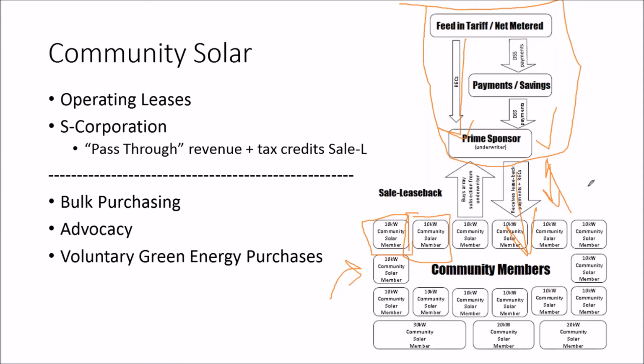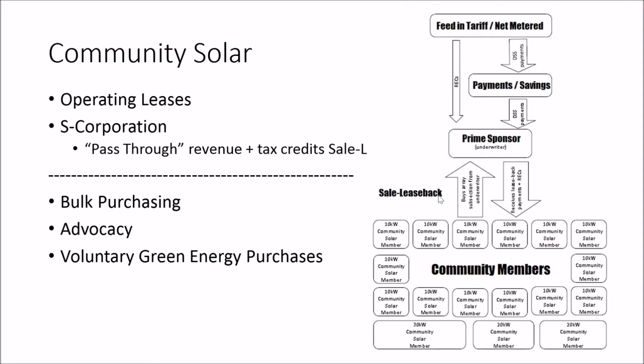Or we could finance that upfront purchase and basically make the project not economic for the payer. What we're doing is adding a sale leaseback equipment lease to what would otherwise be a single developer and a single PPA in order to create a community solar program.